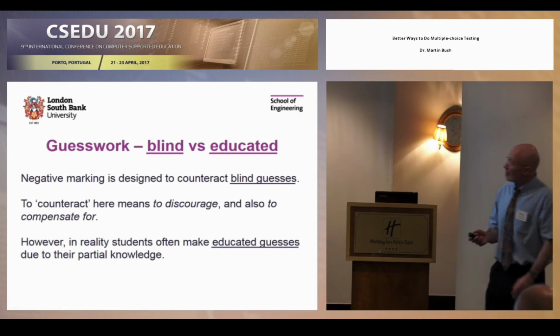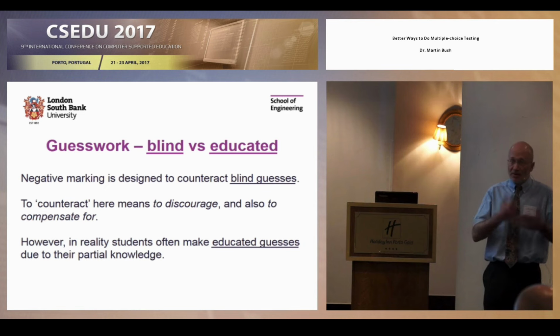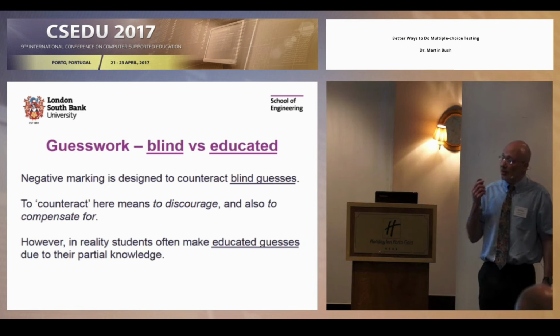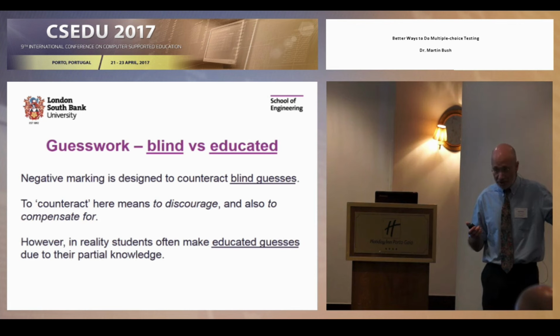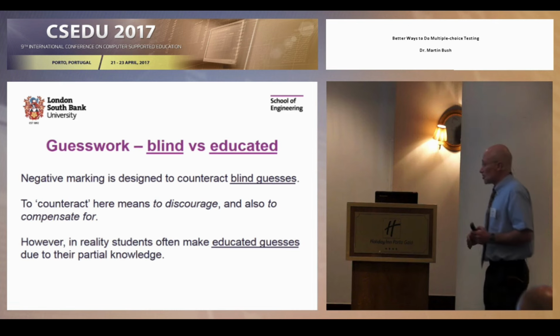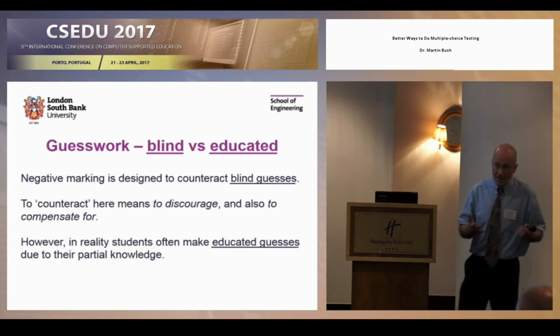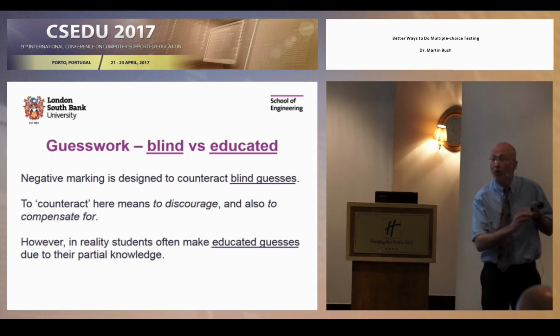But that way of thinking assumes, or makes it sound as if, students either know the right answer to a question or they've got no idea and are blind guessing. In fact, students are often making educated guesses because they can spot 1 or 2 wrong answers.